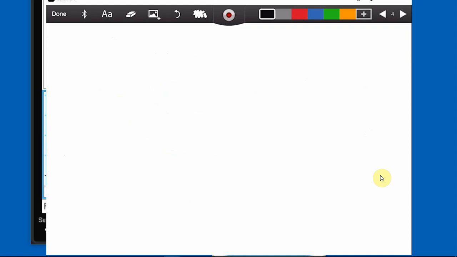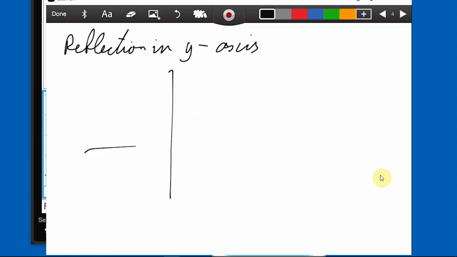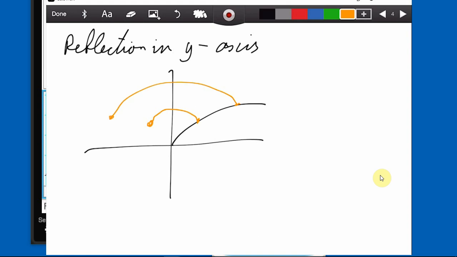All right, and reflection in the y-axis. Again, something goes like that, and then we reflect this point in the y-axis. So we reflect it over there. We take this point, reflect it over there.